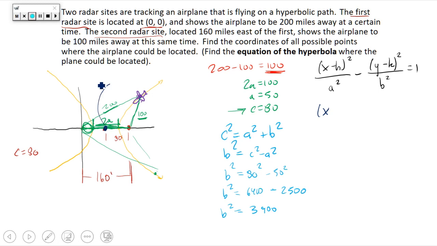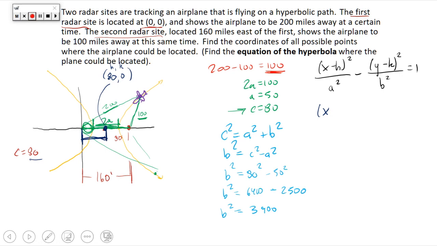We know that the y coordinate of the center, the k, like this is (h, k), is definitely 0, and the x is, we started here, we went over here, that's just c, that distance, so h is going to be 80 also.